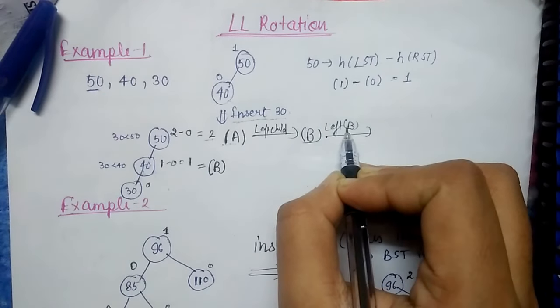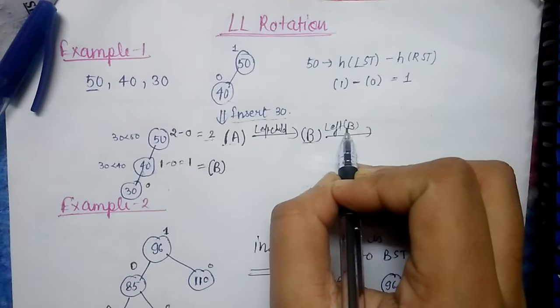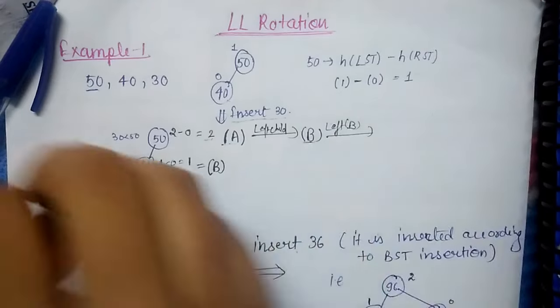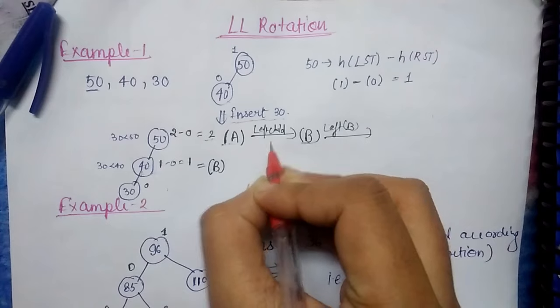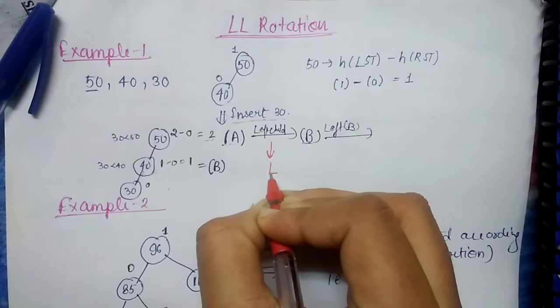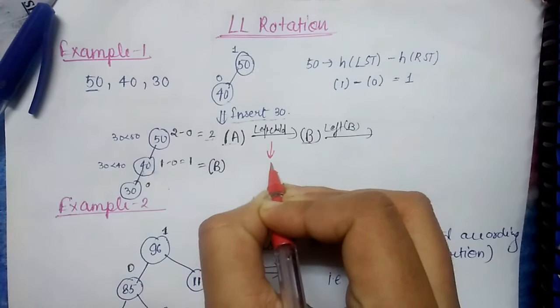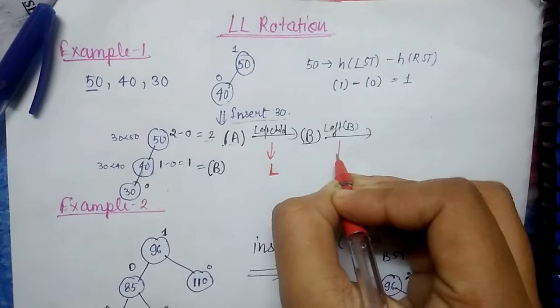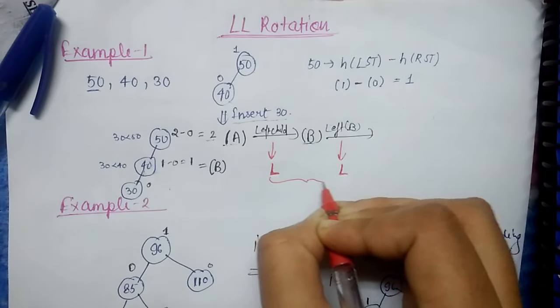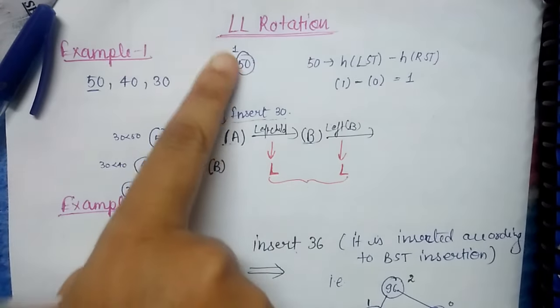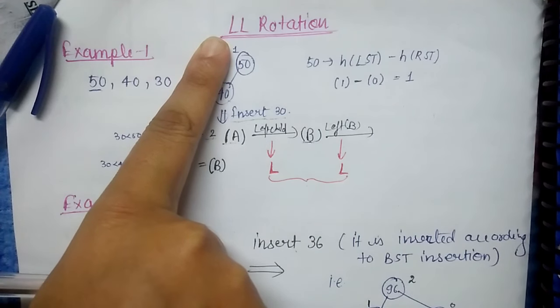So, LL rotation. As you can see, in the left of A we have inserted something, so one L comes from here, and in the left of B we have inserted something, so another L comes from here. If we combine these two L's, this is the LL rotation.